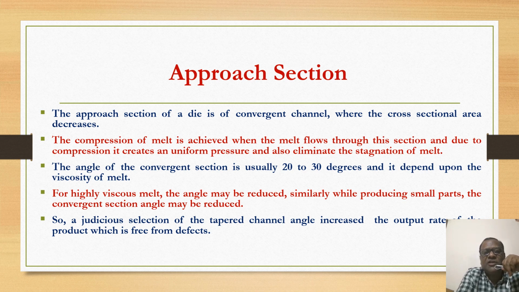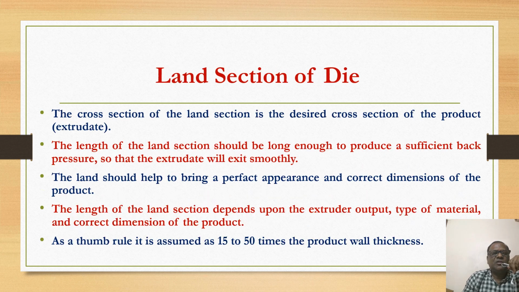So if you are not adjusting the angle properly, then the chance of defects will also be there. So very judiciously it has to be adjusted. Based on your knowledge of the material, what the viscosity is and what type of part you are going to produce, based on that you have to take a decision. And the next one is the land section.